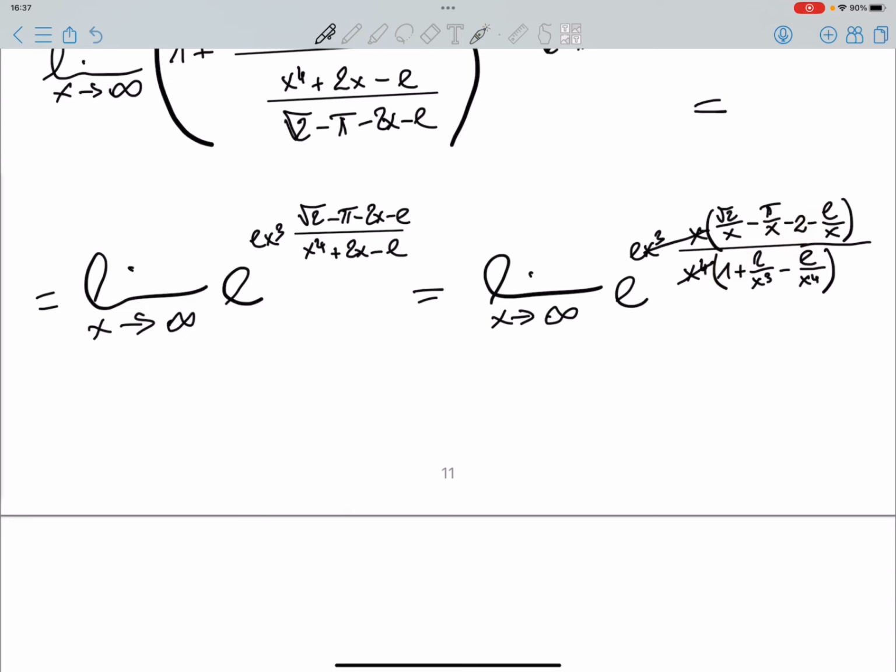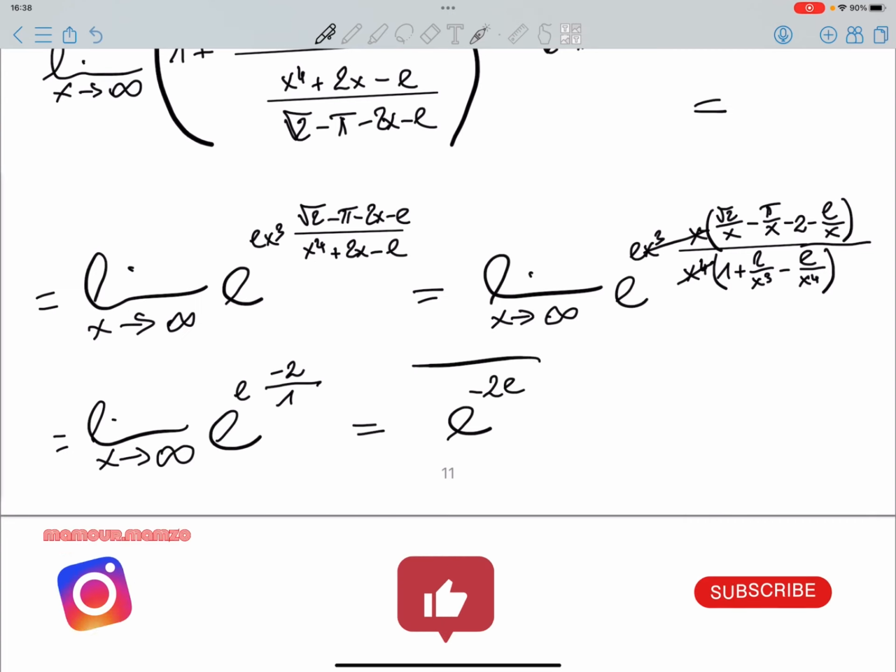So this is equal to the limit as x tends to infinity of e to the power e times, on the numerator, minus 2, which is this one here, and on the denominator we have 1. So this is basically equal to e to the power minus 2e. So this is our limit.